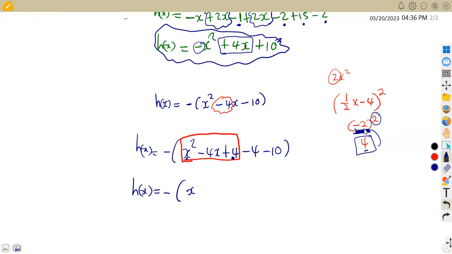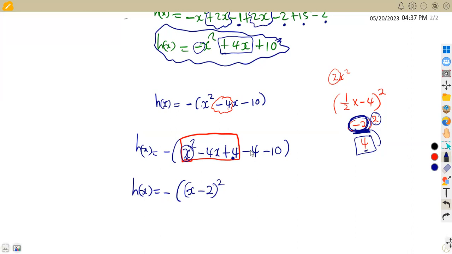So we take the part that is being squared, the negative 2, just like on x, we took x. So this is going to be x minus 2, then we square everything. We work with the first term and the last term. Please take note of that.